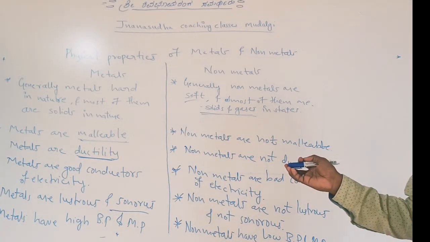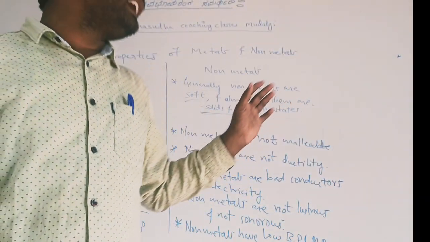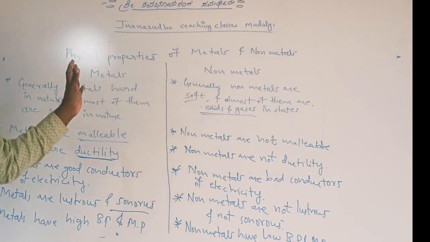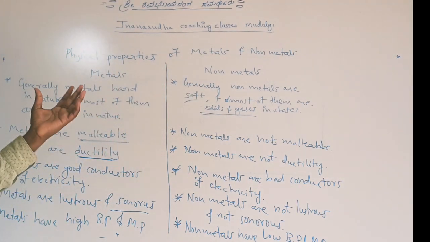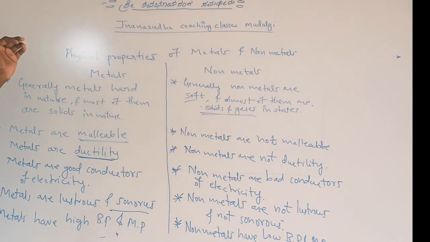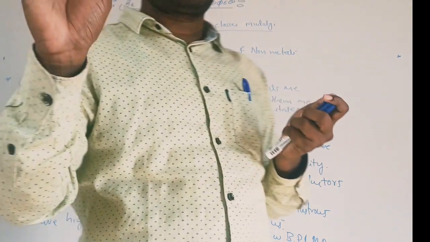This is the basic fundamental classification. These show which are metals and non-metals. Some exceptions are there. All metals do not have the same properties, and all non-metals do not have the same properties. Some exceptions are there.